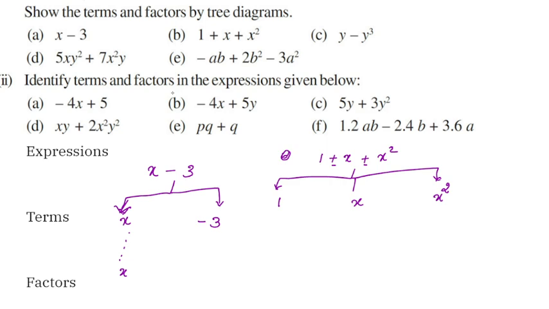Now what are the factors here? x square can be written as x into x, so this has 2 factors. Here there is only one term, so this is a constant.